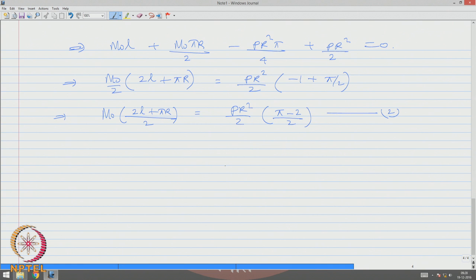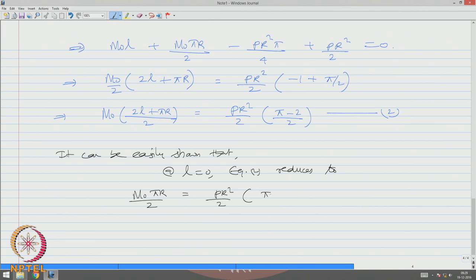Interestingly, we can make a comment at this point. It can be easily seen that at L equals 0, equation 2 reduces to M0 = PR/2 (π/2 − 1)... M0 pi r by 2, which is P r square by 2 pi minus 2 by 2, which means M0 is P r by pi by 2 minus 1, which is the same as the earlier case of a closed ring.